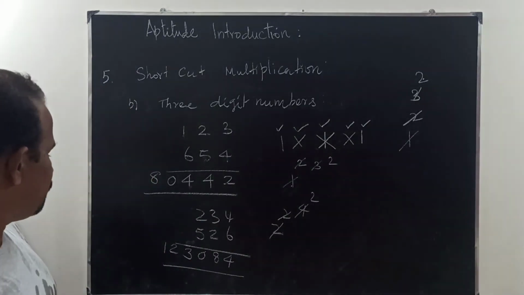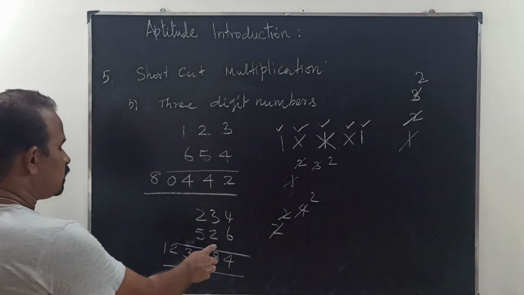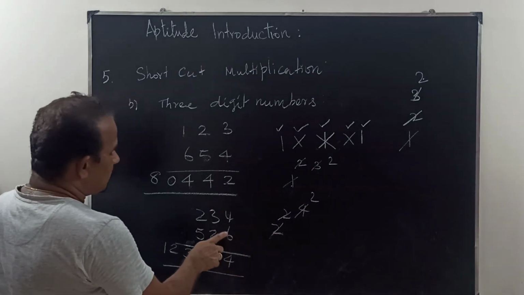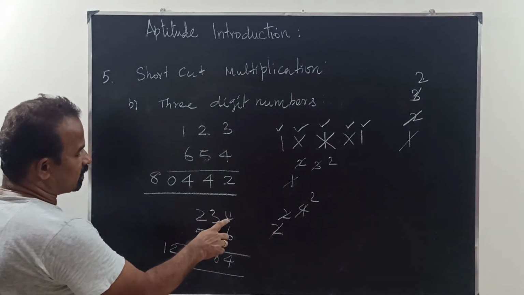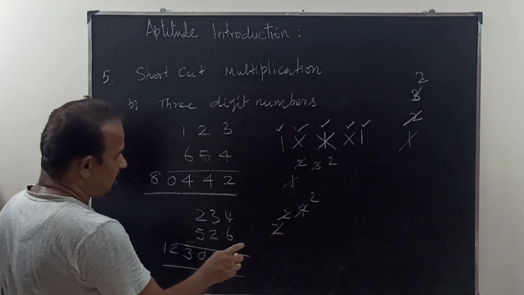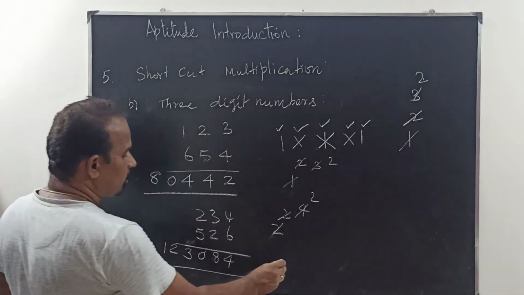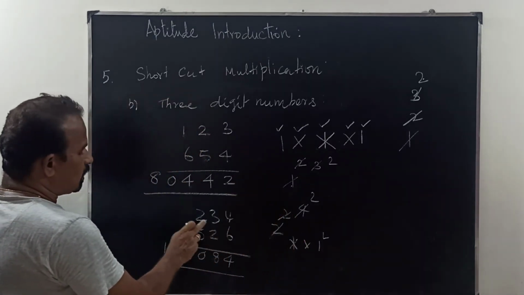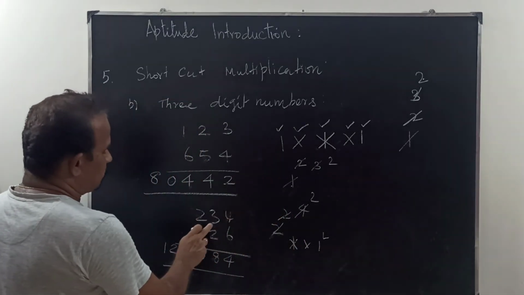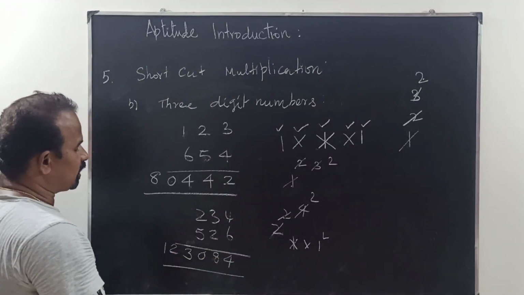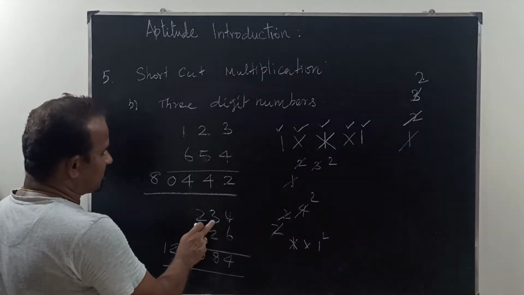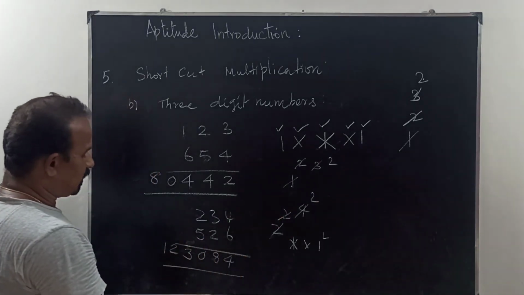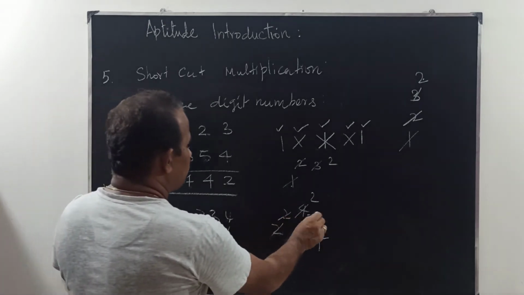Again I repeat, 6 into 4 is 24, remaining 2. 18 plus 8 is 26, 26 plus 2 is 28, remaining 2, 2 over, first 1 over, then 2 over, then come to 3, 12 plus 20 is 32, 32 plus 6 is 38, 38 plus 2 is 40, remaining 4.